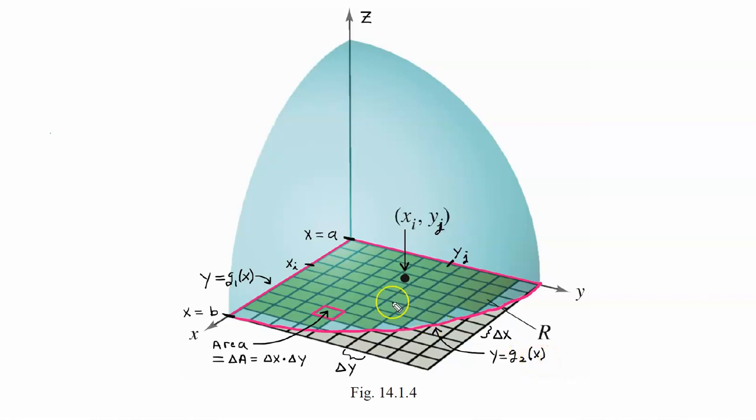But then we have to think, okay, now what does the x vary from? Well, now the x is going to vary from this point on the x-axis to this point on the x-axis. So it's going to go from one number to another number, from a to b. Now in this picture the a is 0, but it could be anything.